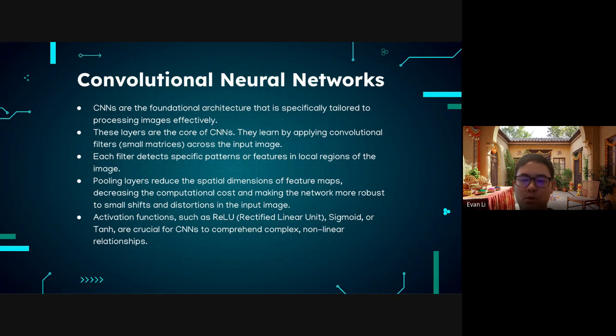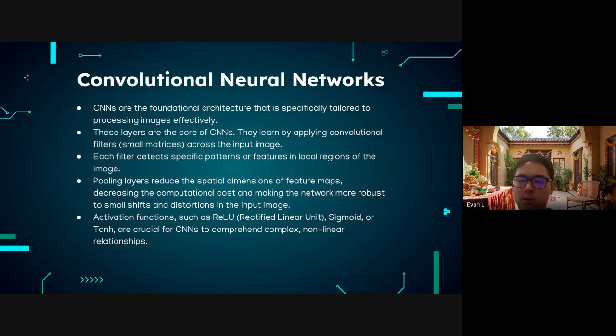The fundamental building blocks of CNNs are convolutional layers. These layers act as trainable feature extractors. They operate by sliding small matrices, known as convolutional filters or kernels, across the input image.